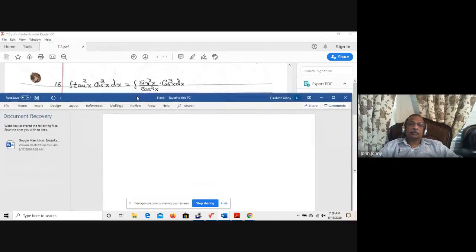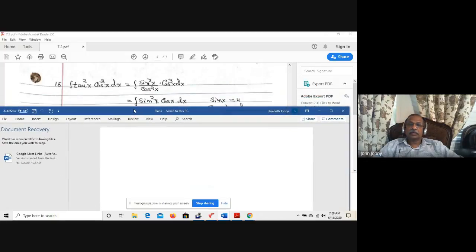Okay. Here, number 16 is the antiderivative of tan squared x times cos cubed x dx. We know tan x is sin x over cos x. Therefore, tan squared x is sin squared x over cos squared x, and cos squared x cancels with the cos cubed x, leaving a cos x in the numerator.